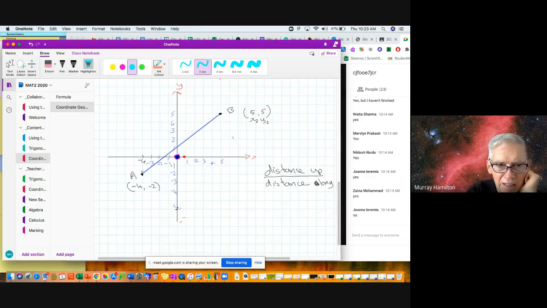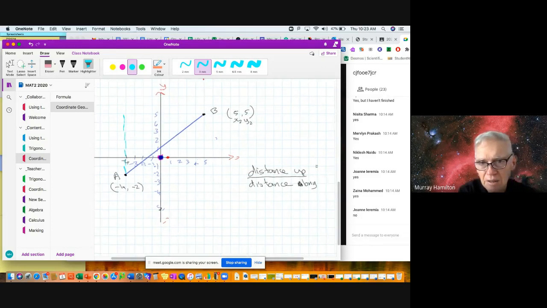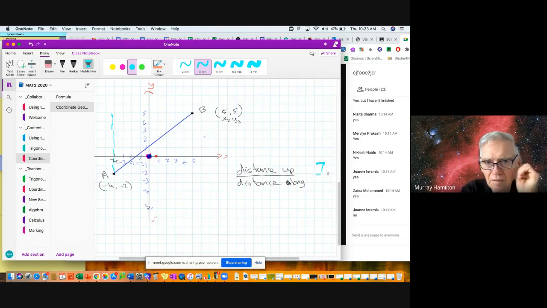If we start at A and go up 1, 2, 3, 4, 5, 6, 7, we go up 7, and we go along 1, 2, 3, 4, 5, 6, 7, 8, 9. So we go along 9. So the gradient is 7/9.